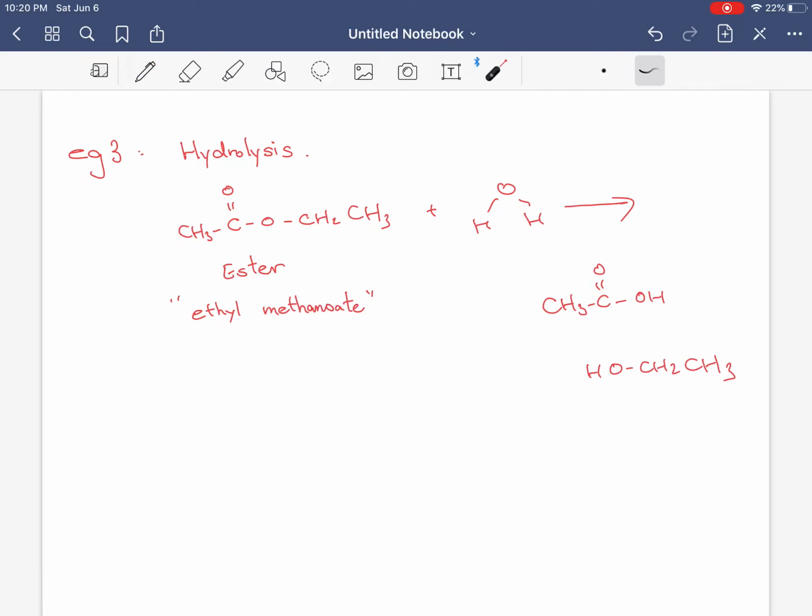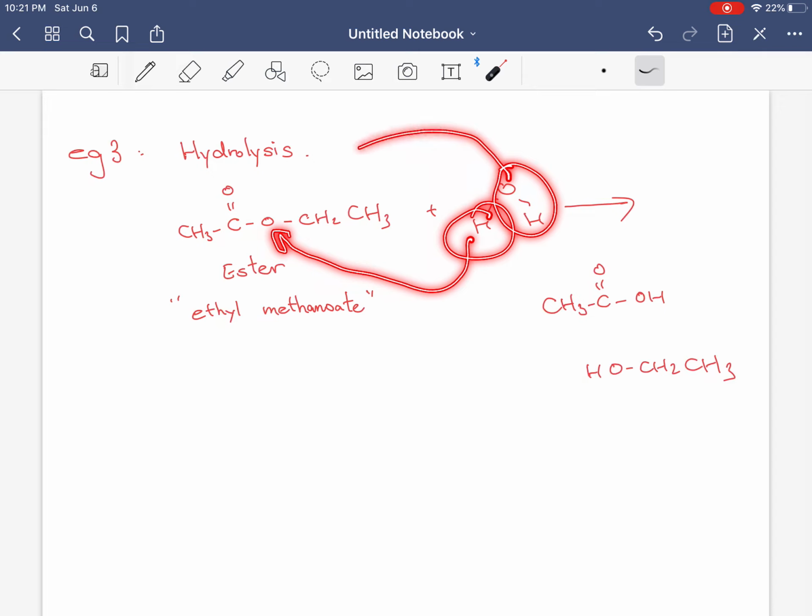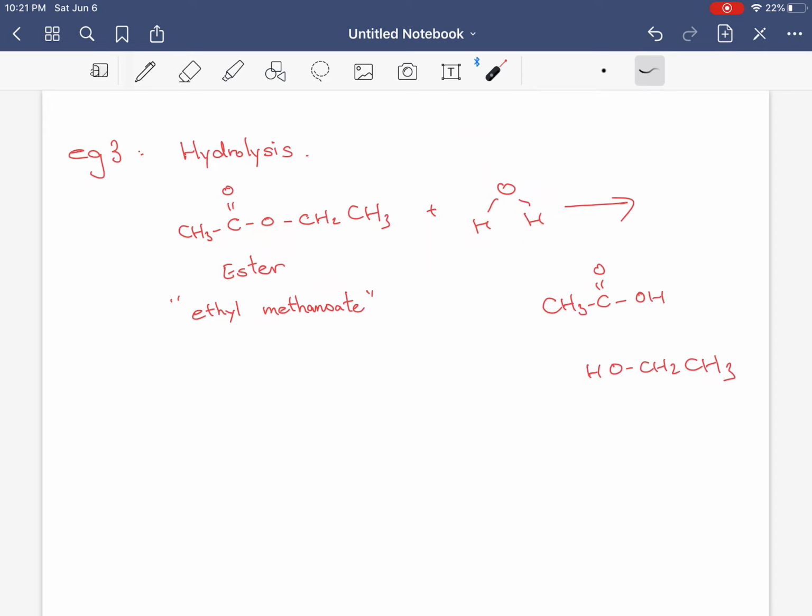So hydrolysis is the reverse of esterification, and it makes perfect sense in terms of the wording. Hydro means water. That's water. Lysis means to break apart. So that's exactly what you did, right? You broke apart H2O. H will come over here to hook up with the O. OH will come over here and hook up with the C. So what you're going to get here, of course, is ethanoic acid and ethanol.